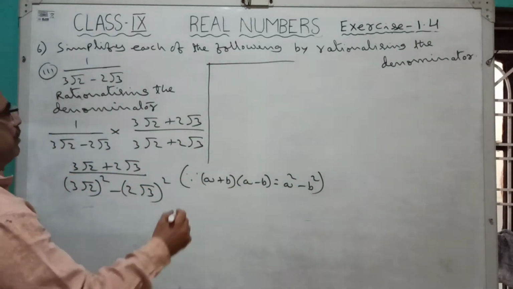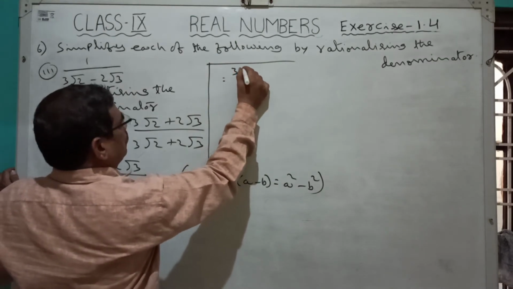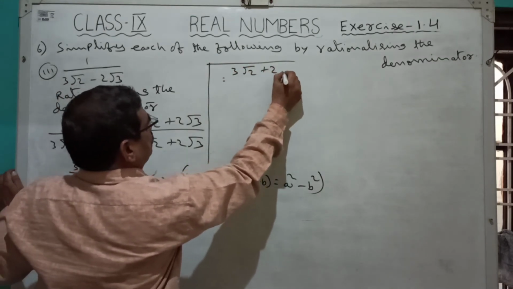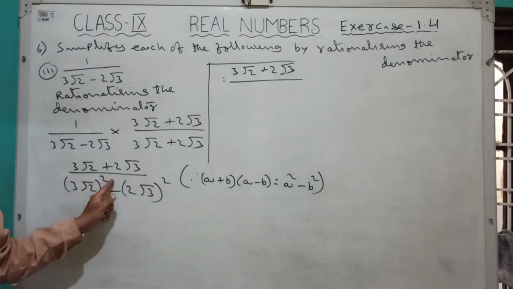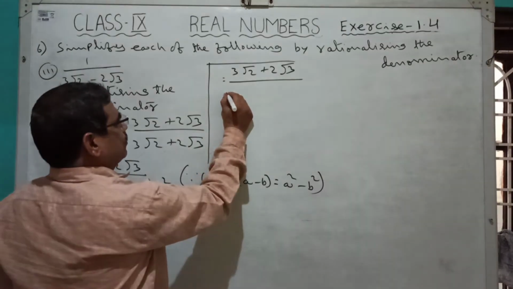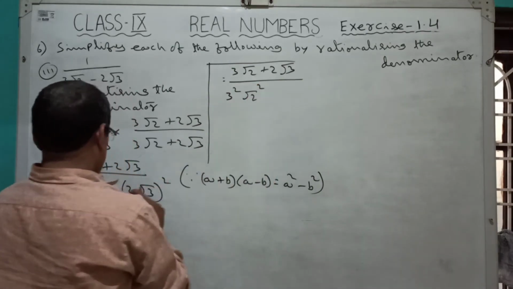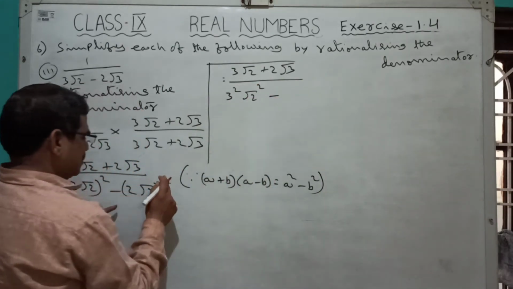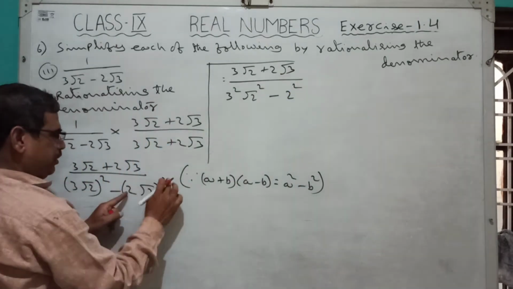So in the numerator as it is, 3 root 2 plus 2 root 3. In the denominator, this square will come for 3 and also root 2. So 3 square root 2 square minus, here also same, 2 square root 3 square.